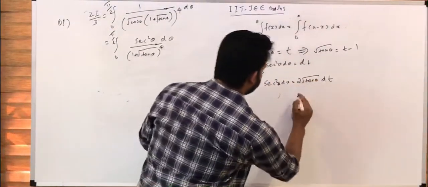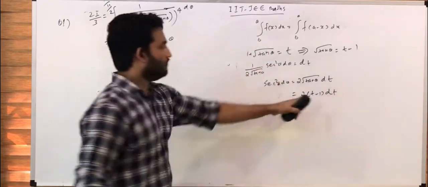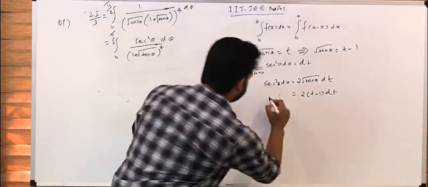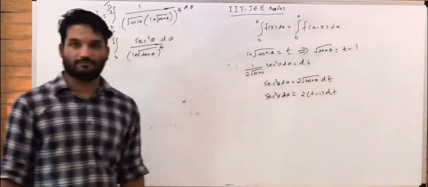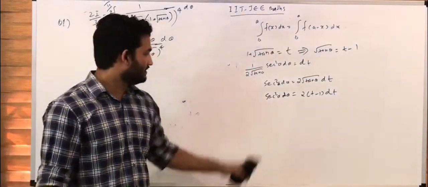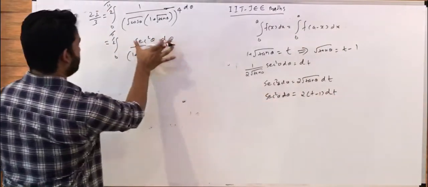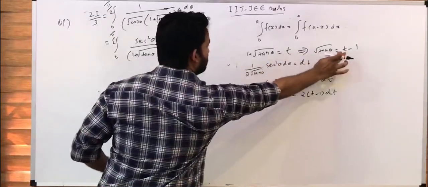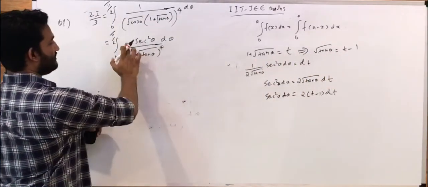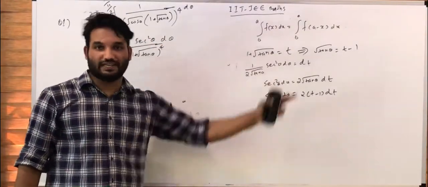So we can substitute here, that is 2 into t minus 1 dt is equal to sec square theta d theta. Okay. Now we can substitute 2 into t minus 1 dt here, and 1 plus root tan theta equal to t here. So it will become a new integral in the variable of t.